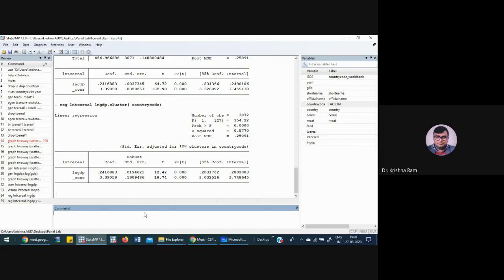After incorporating the cluster robust standard error, we get a higher standard error. So earlier in the case of log GDP, it was 0.003 and now it is 0.0194. The coefficient remains the same in both cases.